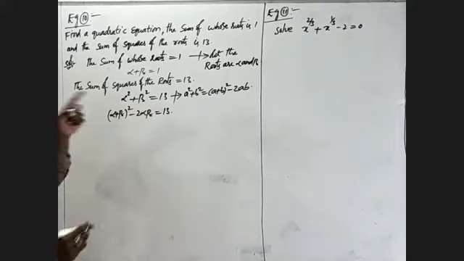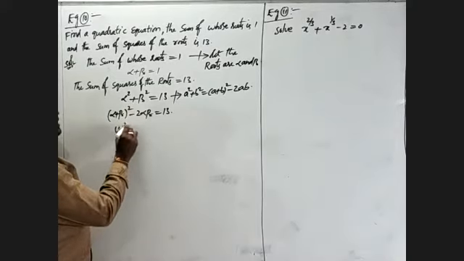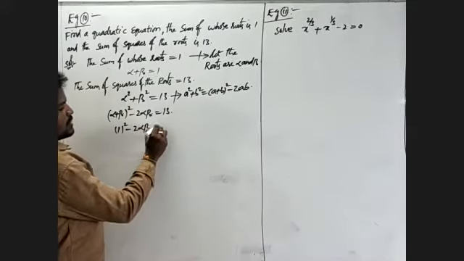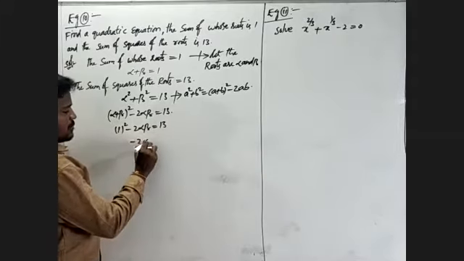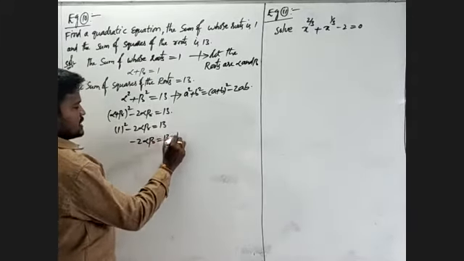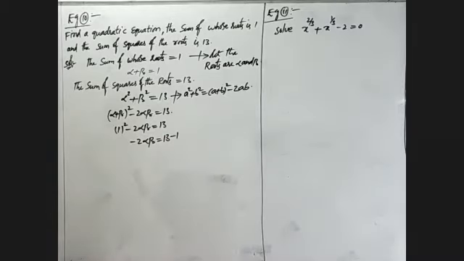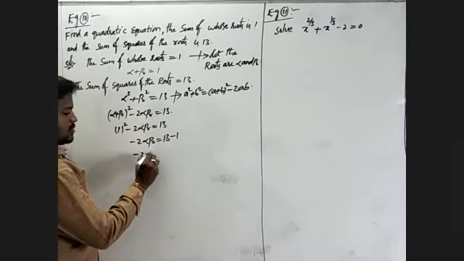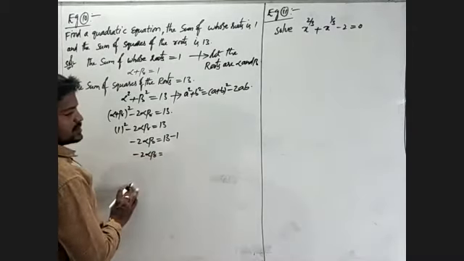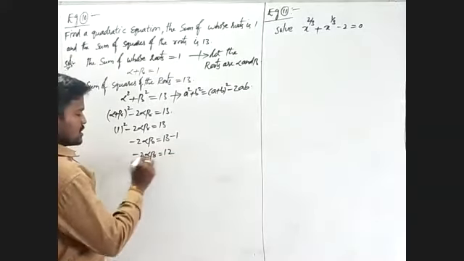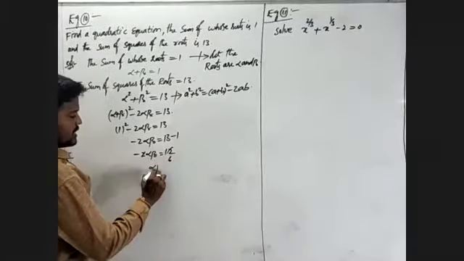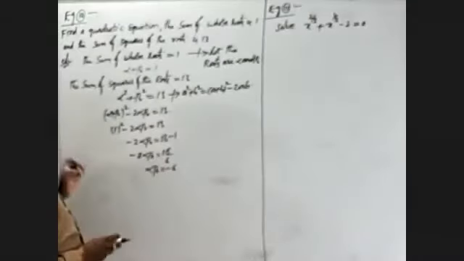The value of alpha plus beta is 1, so 1 whole square minus 2 alpha beta is equal to 13. Minus 2 alpha beta is equal to 13 minus 1, which is 12. So minus 2 alpha beta is equal to 12, and the value of alpha beta is minus 6.